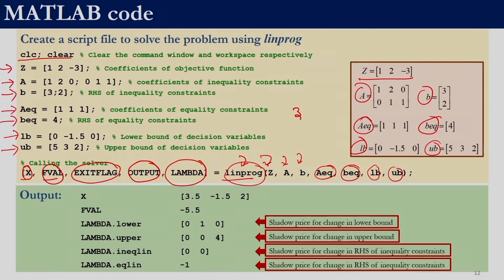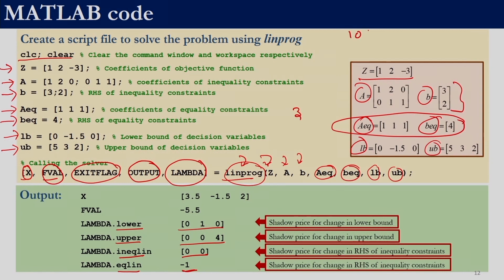Since there are 3 decision variables, we will have lambda.lower and lambda.upper, each containing 3 values. Lambda.ineqlin will contain 2 values, because we have 2 inequality constraints, and lambda.eqlin will contain only 1 value, because we have only 1 equality constraint.